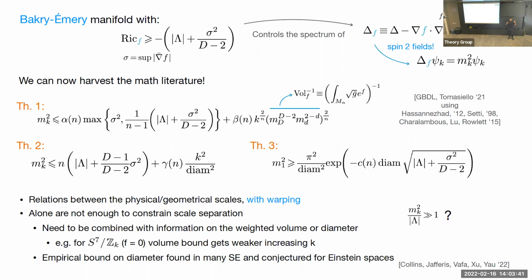But the S2 remains the same, and the diameter is the largest distance that you have in your manifold. So the volume will be more or less a product of these lengths, but the diameter is the largest that you have. So by making one direction small, you can make the product small, but you do not make the largest one small.